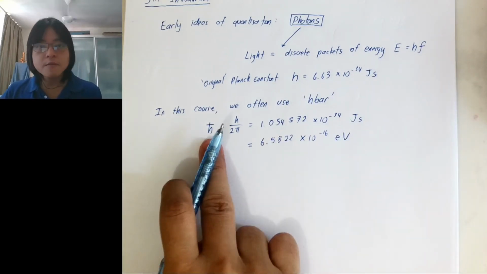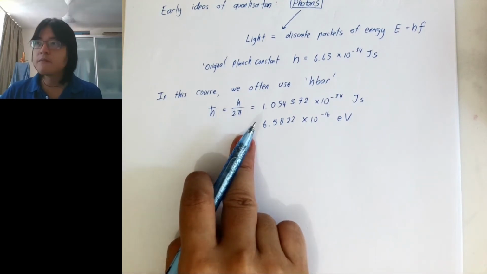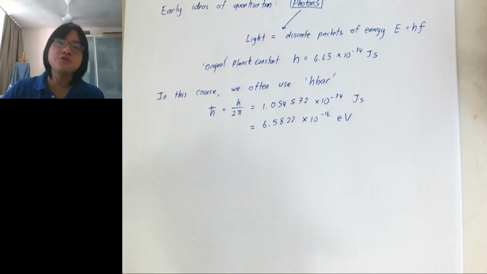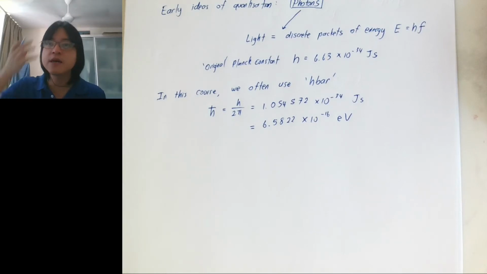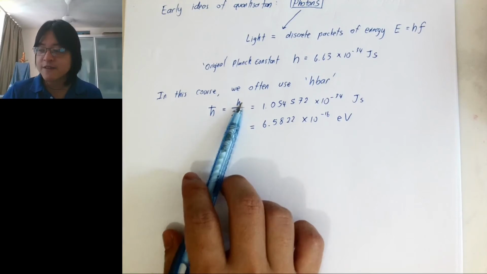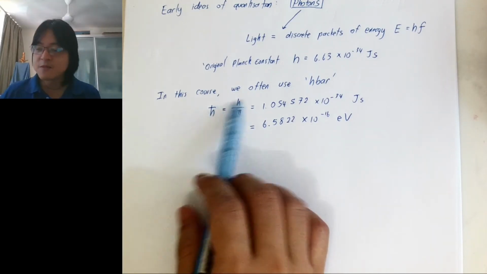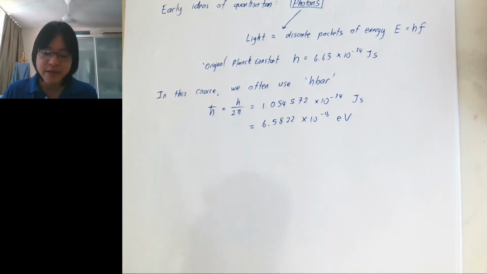When you use the Schrodinger equation and solve a lot of problems, we will realize that h bar is more convenient. Otherwise, if you use h, you need to write 2 pi everywhere, so it's going to be messy. So instead of 2 pi everywhere, you just write h bar.